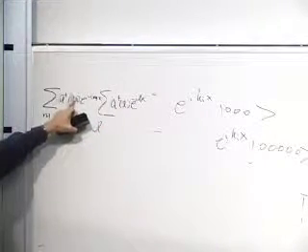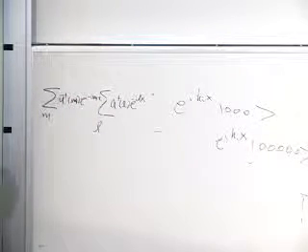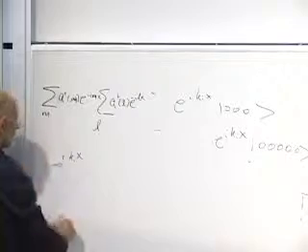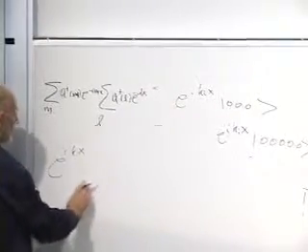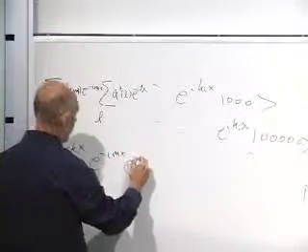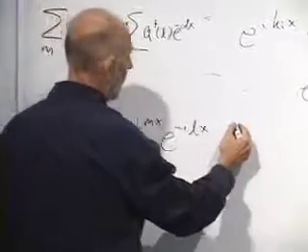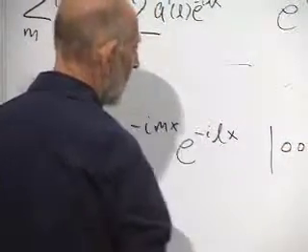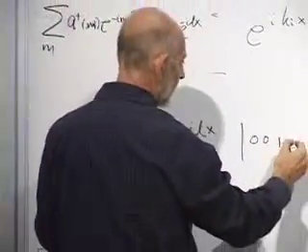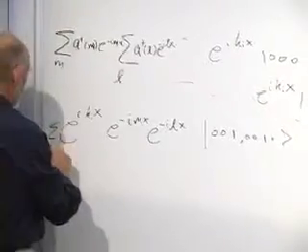And what does this one do? It puts in a particle of momentum M. So the whole thing in the end is we keep e to the I k initial x, e to the minus I mx, e to the minus I lx, times the state, summed over L and M.